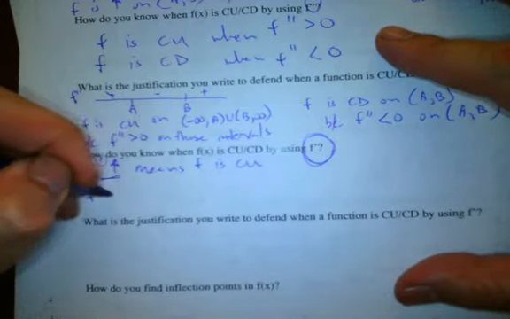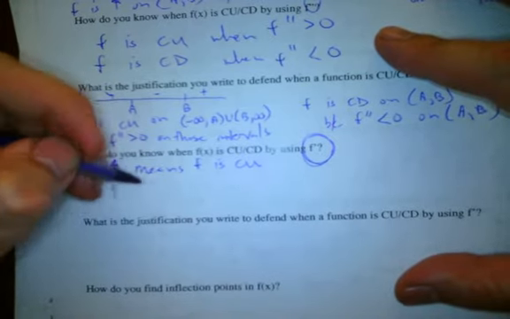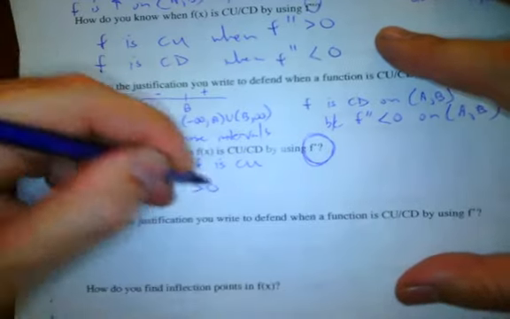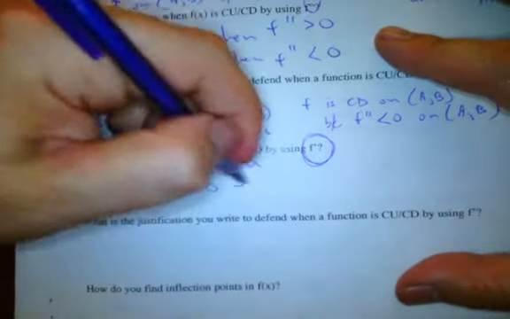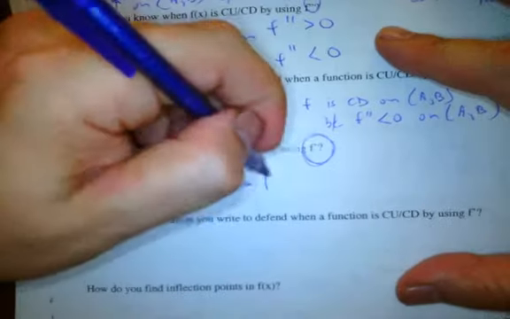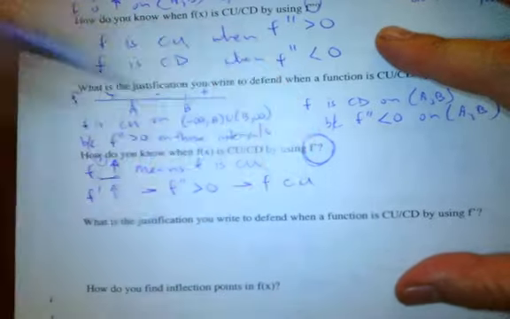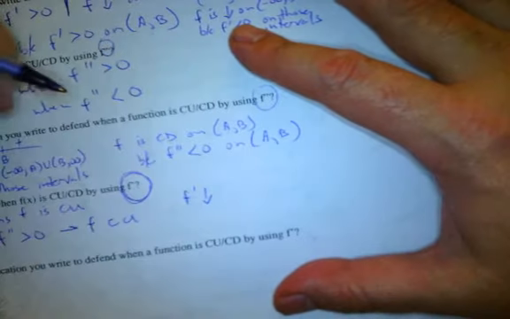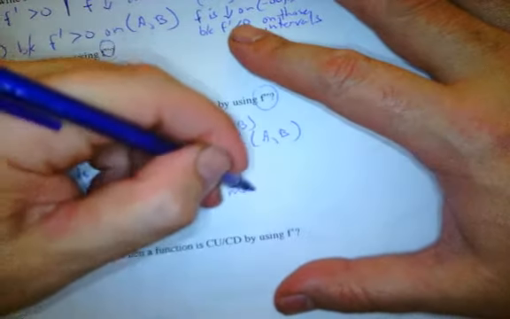When f prime is increasing, not f is increasing, but when f prime is increasing, that means that f is concave up. Because if f prime is increasing, we know then that f double prime would be greater than 0, and when f double prime is greater than 0, we know that f is concave up.